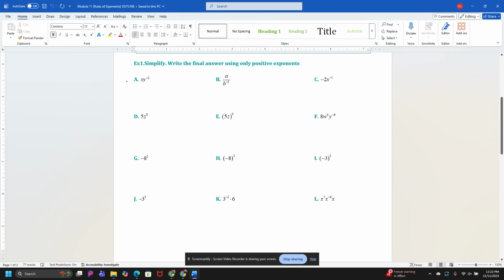So the whole idea is I don't like to have a negative exponent. So anytime there's a negative exponent, I need to formulate a fraction. I'm only putting the part with the negative exponent in the denominator of the fraction, not the positive part.